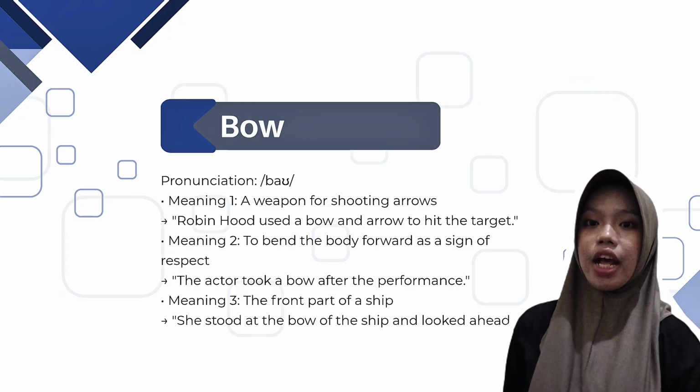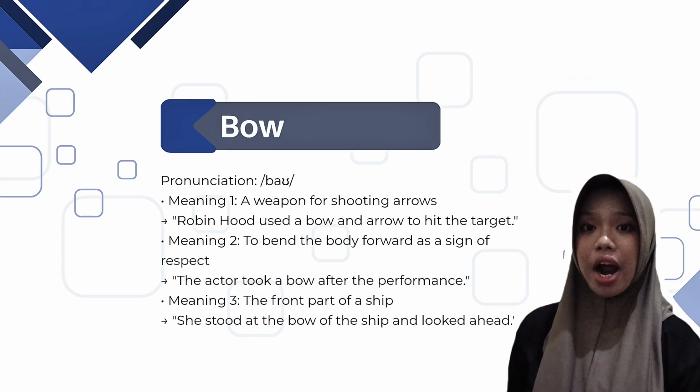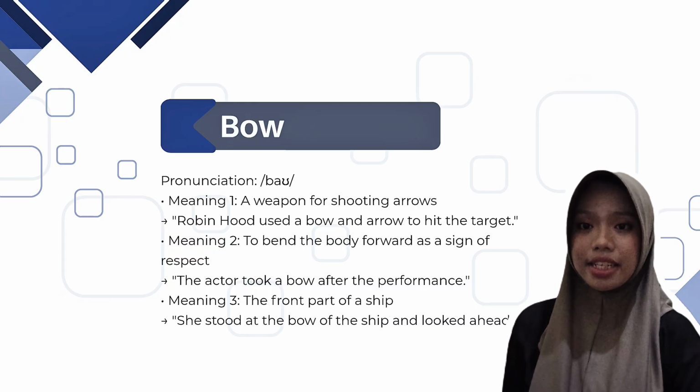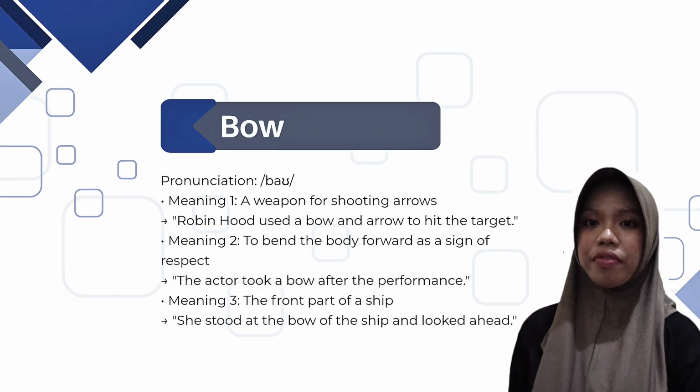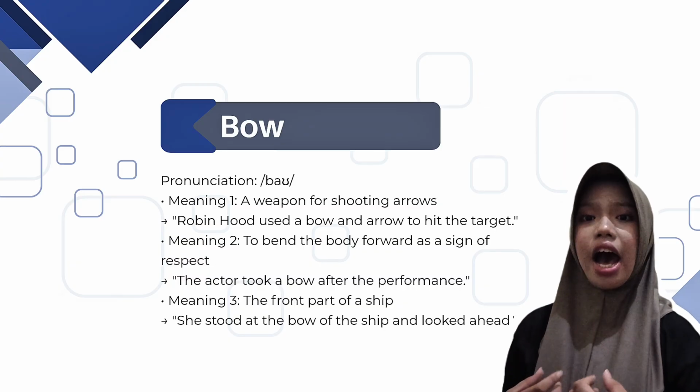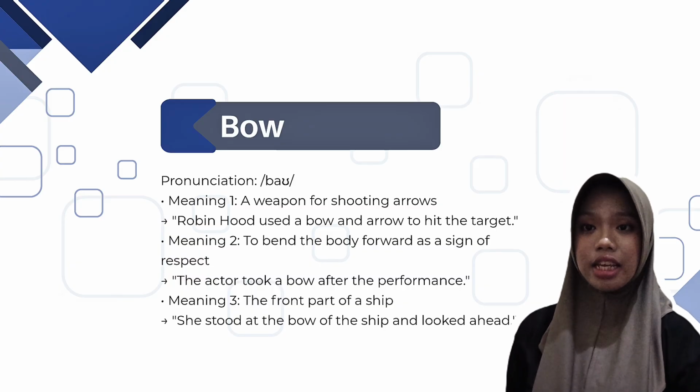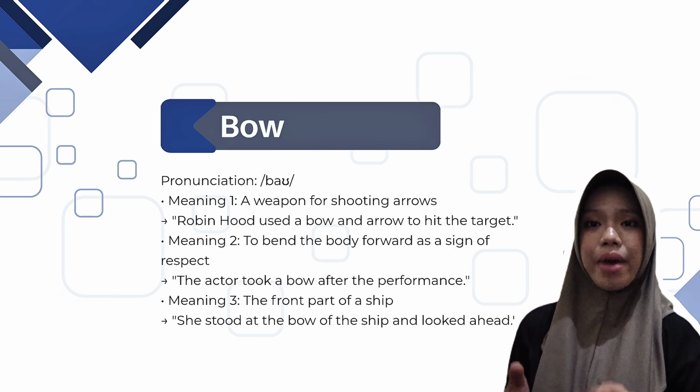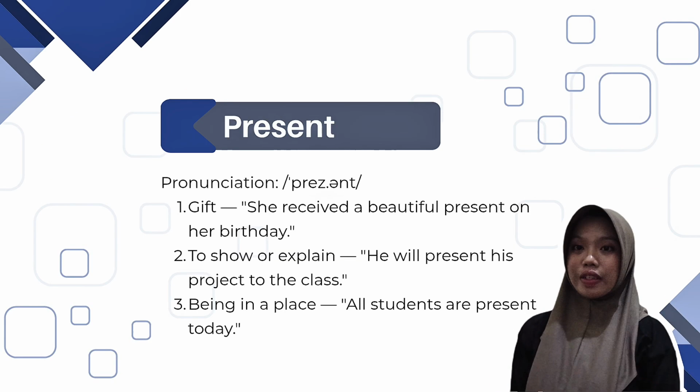Third, bow can also mean the front part of a ship. For example, the bow of the ship hit the iceberg. As we can see, one word can have different meanings, depending on the context.